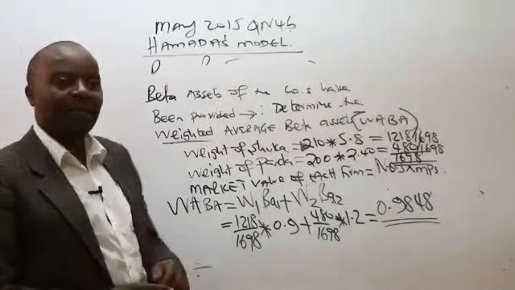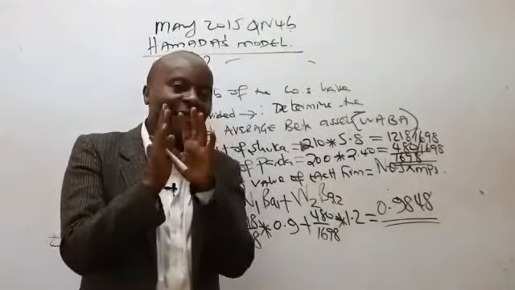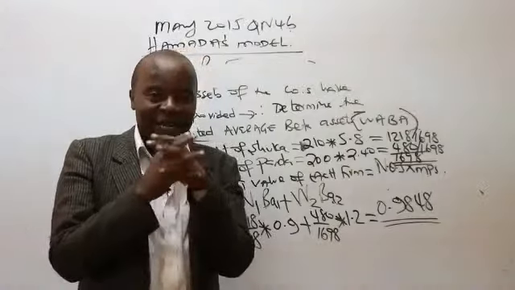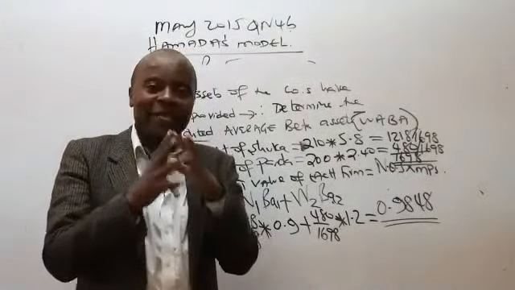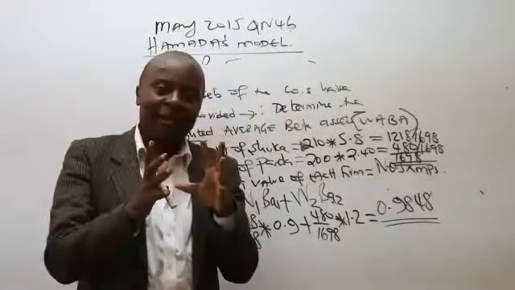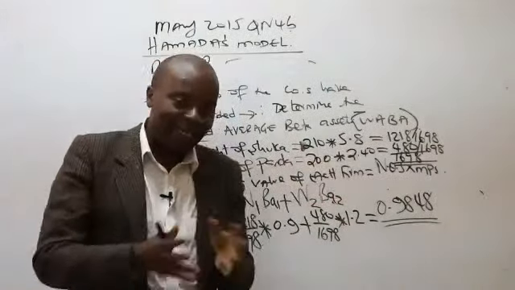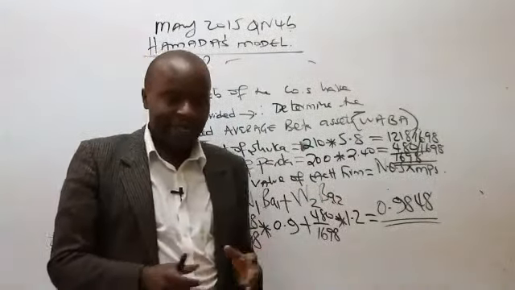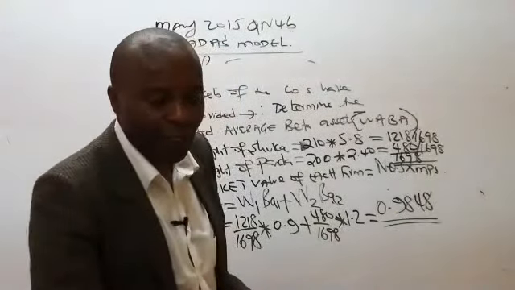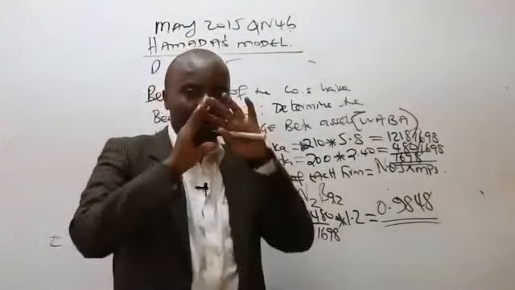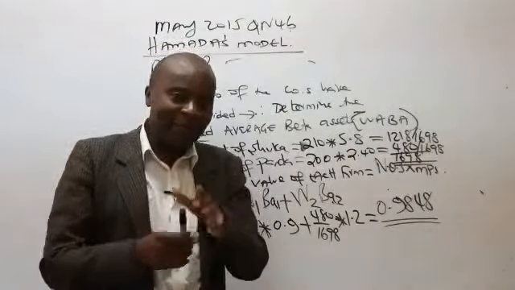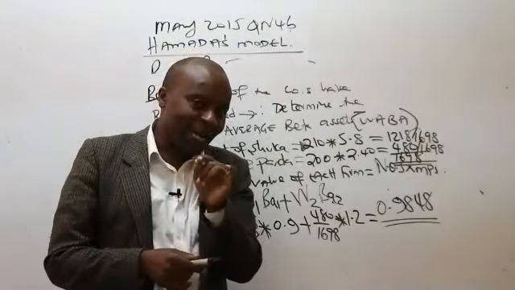Now that I have the consolidated beta assets, which is the same as the beta assets of the combined entity, what do you want to use these beta assets for?